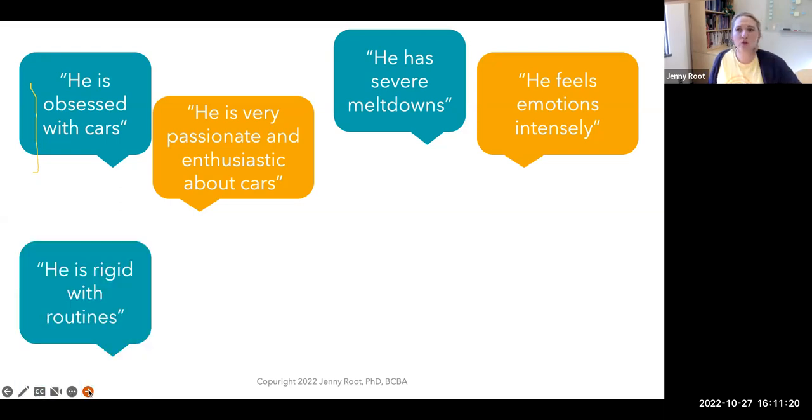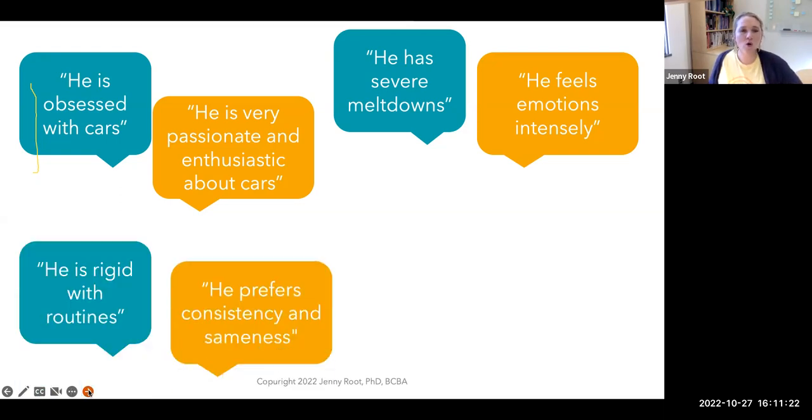You could say, oh, he's so rigid with his routines, or he prefers consistency and sameness. Who else here prefers consistency and sameness? Me, right? Everybody likes to know what to expect. There's just a variety in how much we are flexible in that, and how much it distresses us.